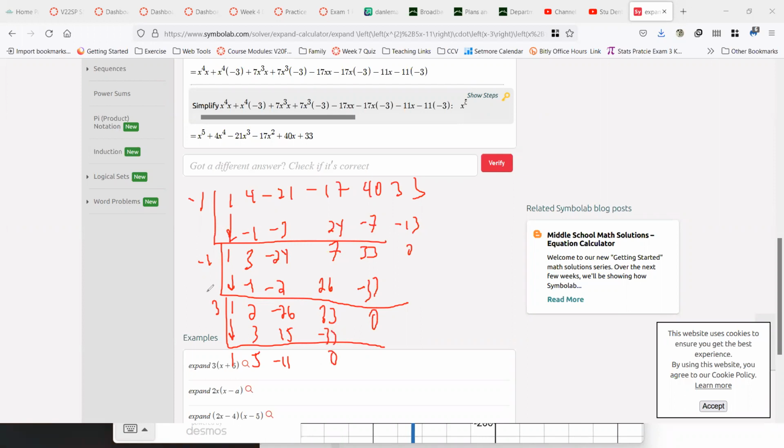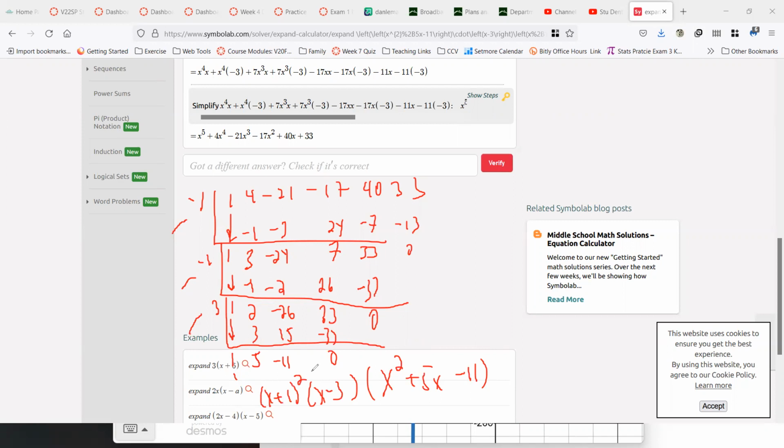Now I hope you're seeing I divided that fifth degree equation by a first power, by another first power, by another first power. So that tells me this corresponds to 1x squared plus 5x minus 11. And of course, I've got those other factors, x minus 3 and x plus 1 squared.